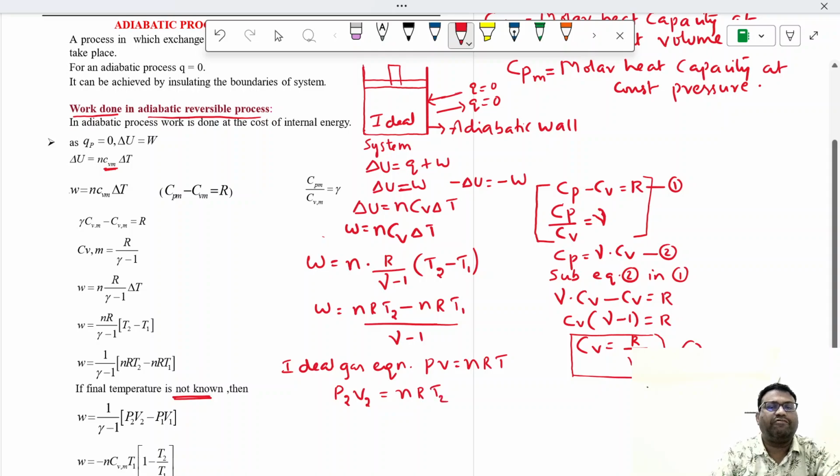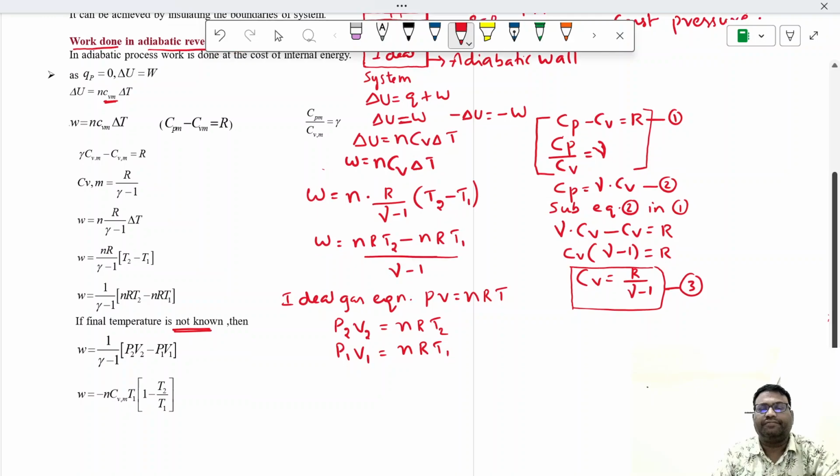Here the number of moles is not changing, so I am taking only n. The temperature is changing, and P1 V1 can be written as nRT1. Now let us substitute this P2 V2 and P1 V1 in this equation. Let us take it as equation number 4.